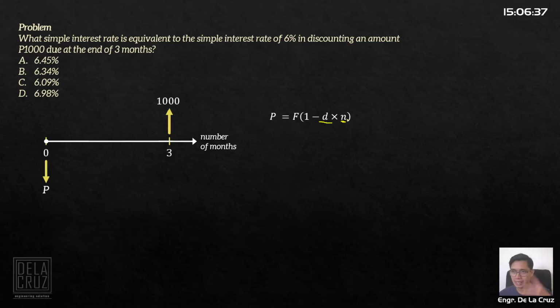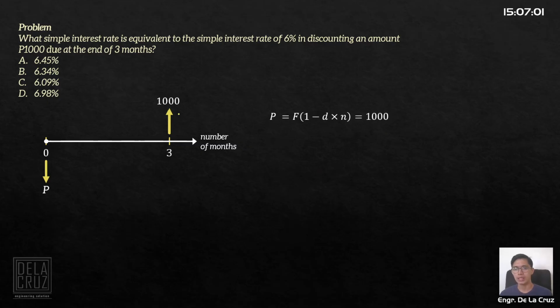Diba? Kanina, sa previous, discount automatically within the 30 days. Kasi wala siyang binanggit na simple interest rate of discount. Walang binanggit kanina. Dito, nabanggit simple interest rate of discounting. So, 6% per year. So, kaya minultiplyan natin yan ng N. No?